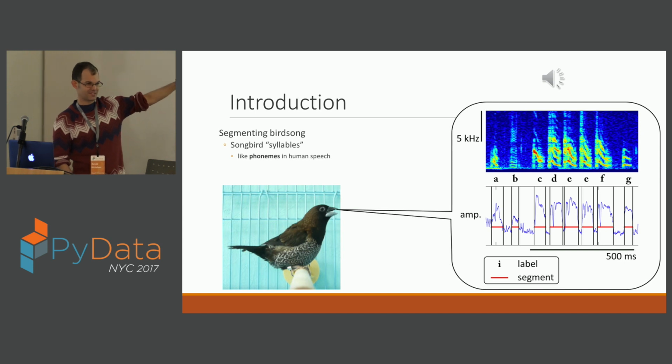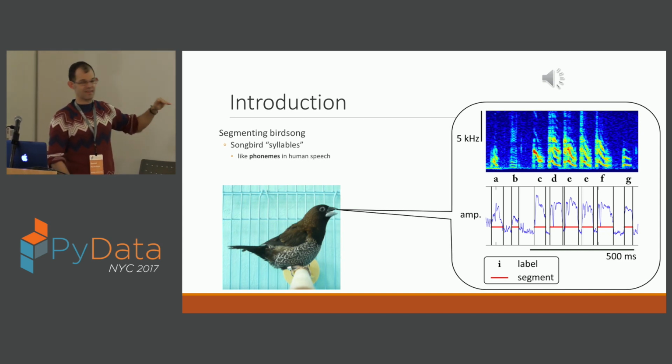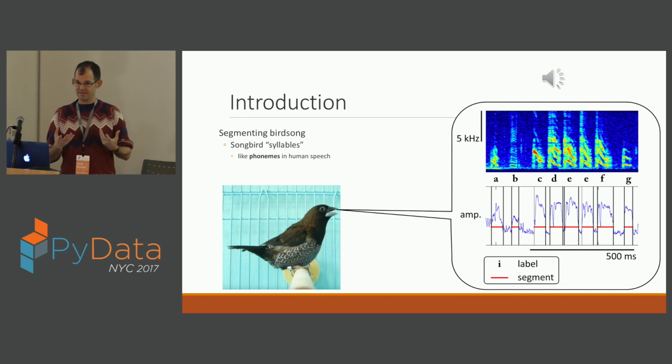So that's the spectrogram. And then what I'm showing you on the plot below that is just the amplitude of the bird's song. And the way that we find the segments, typically, is we just look for crossings of the threshold of the amplitude, and that's what those red horizontal lines are. So we would just call those the segments, those are our syllables, and then we just arbitrarily apply some labels to the bird's song.